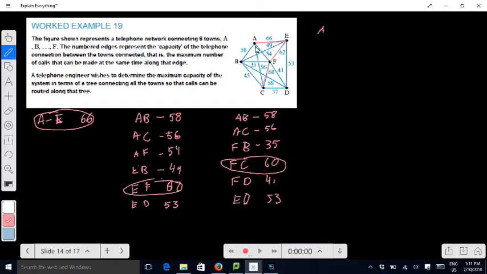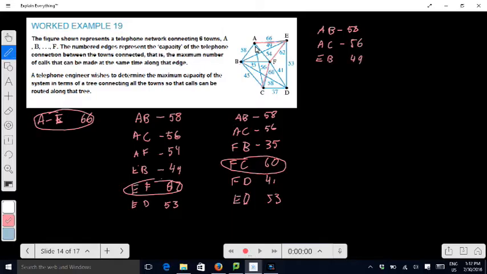So if I go from A to B, that was 58. Or I can go A to C, which was 56. Don't want to go to F, already got E. Move on to E, I can go from E to B, which was 49.